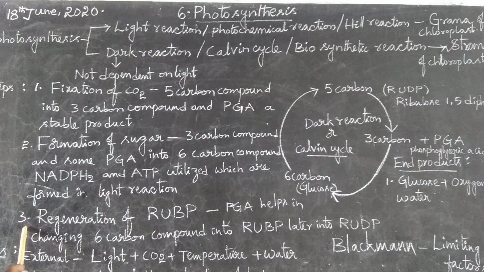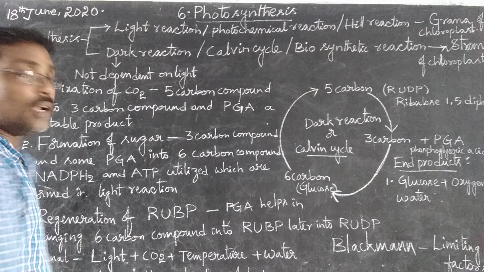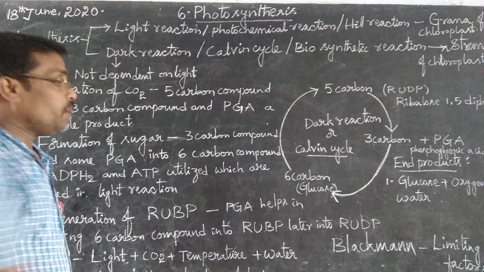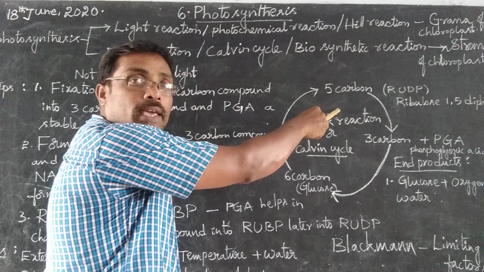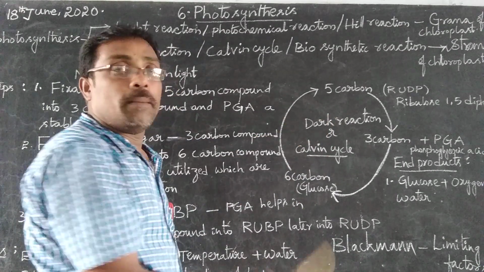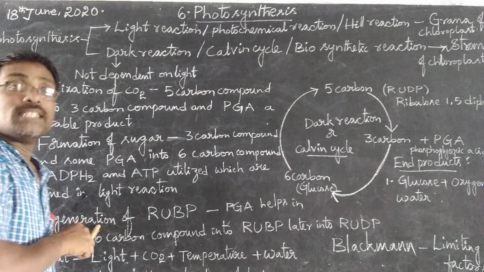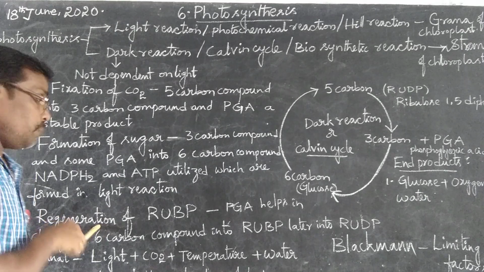Then the third step is regeneration of RUBP. From that 6 carbon compound, the 5 carbon compound is formed again. That is called regeneration of RUBP.